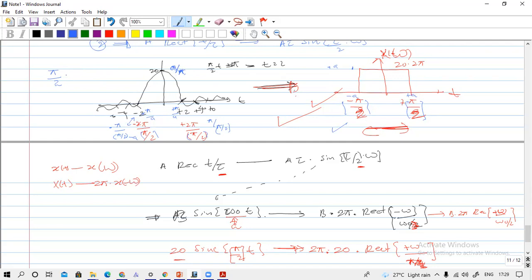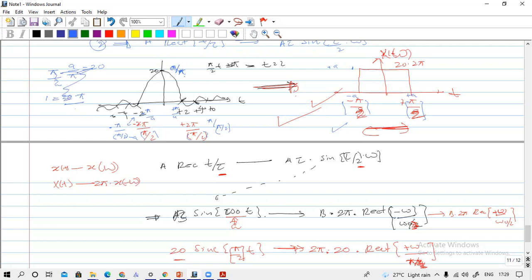Again, A by 5 is equal to 20 in our case. We have 1 here, normalized to 1, so how can we derive it?